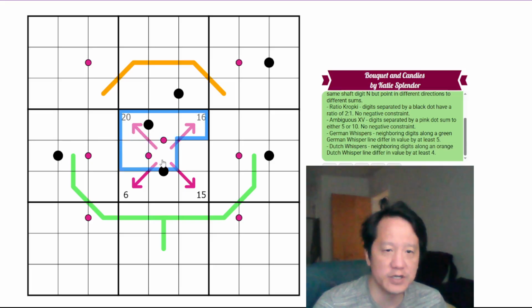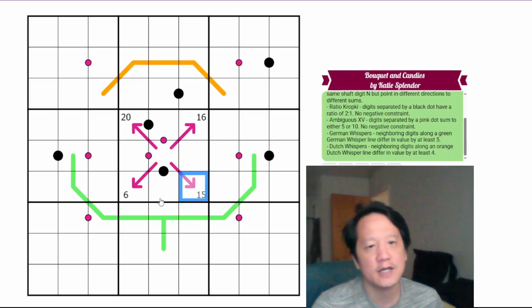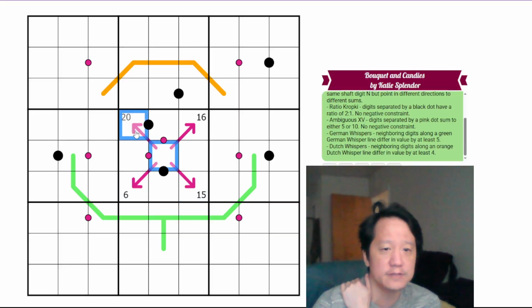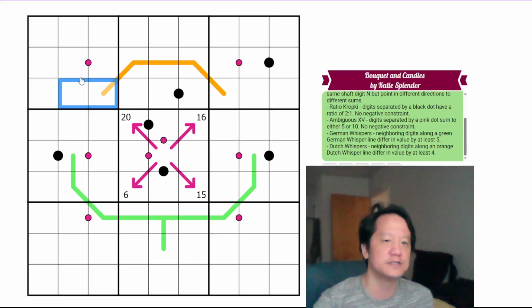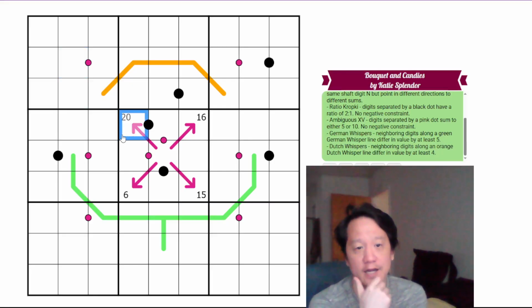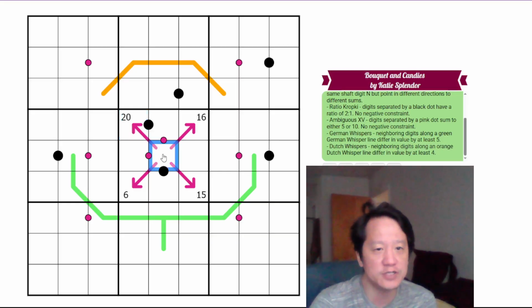Okay, so because these W arrows are very limiting, let's start with that. We know that to add up to 20, it's going to have to be at least 3 digits, right? Because the most of 2 digits is 9 and 9. So therefore, you are guaranteed at least 3 digits to add up to 20.